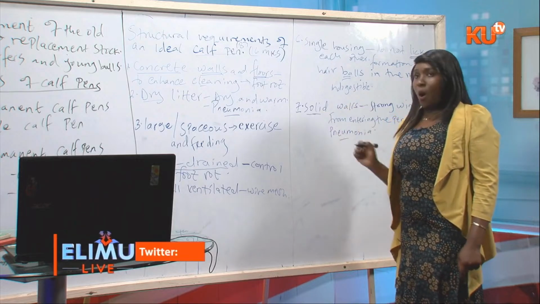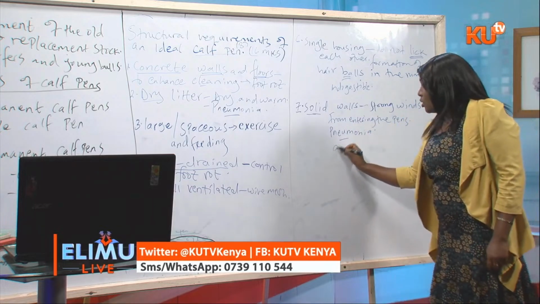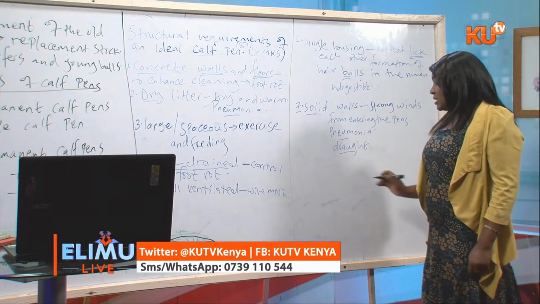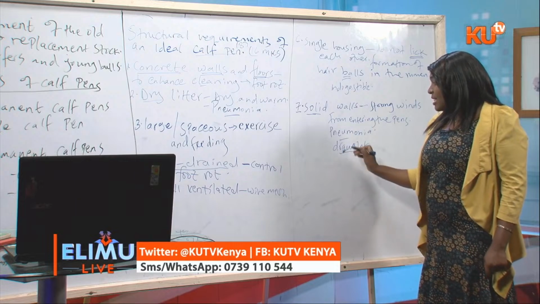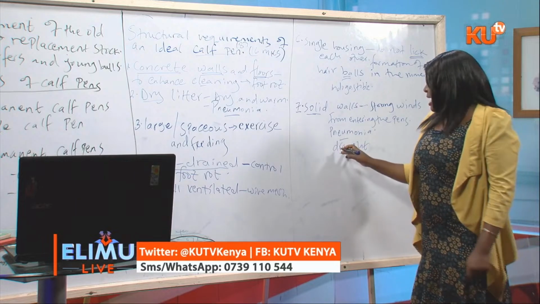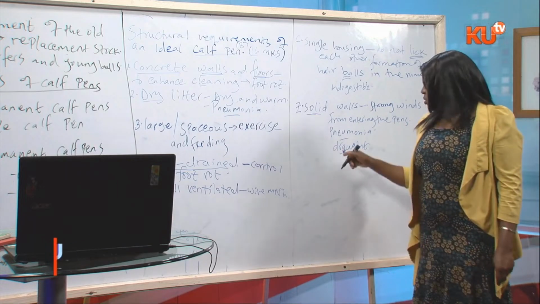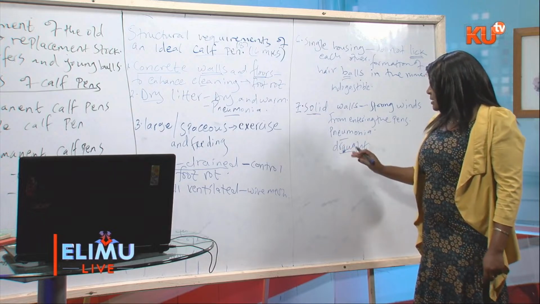to ensure that draught, there's that phenomenon we call draught, is prevented, spelled D-R-A-U-G-H-T. Another thing we are keen on in agriculture is spelling. You need to be keen on these spellings because they can be a problem at some point.